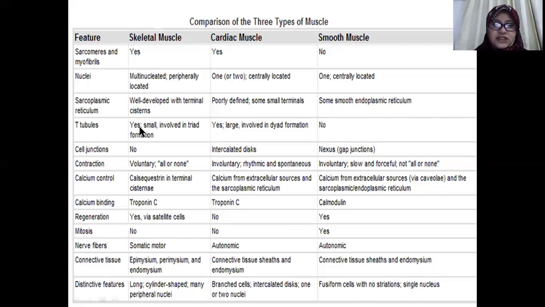T-tubules are present in skeletal muscle, small and involved in triad formation, and in cardiac muscle also present, large and involved in dyad formation, and absent in smooth muscle. Cellular junctions are present only in cardiac muscle, that is, in the intercalated disc.